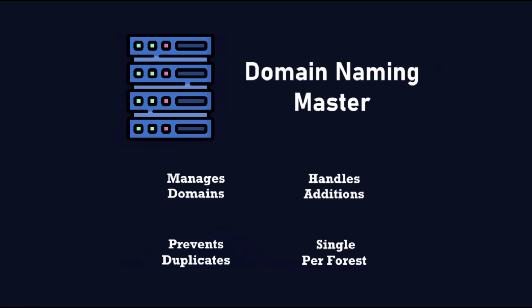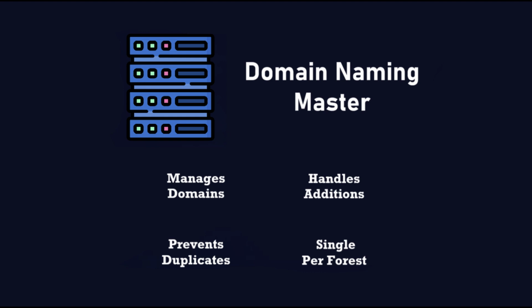Unlike some FSMO roles that operate at the domain level, the domain naming master is unique across the entire forest. This means that in any Active Directory forest, there is only one domain naming master, just like the schema master role, and it ensures centralized control over domain-related operations.